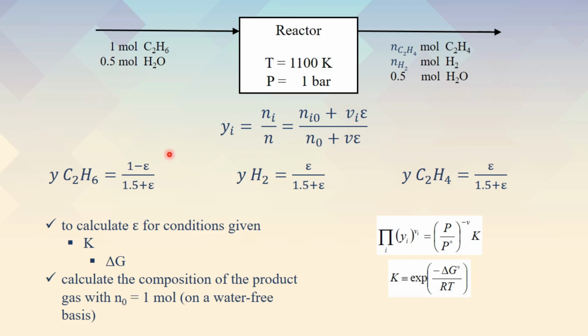At the end of the question, we are required to calculate the composition of the product gas on a water-free basis, meaning that the N naught will be 1 because 0.5 mole of water will be deducted from 1.5 mole.